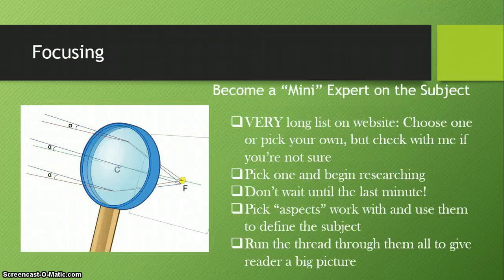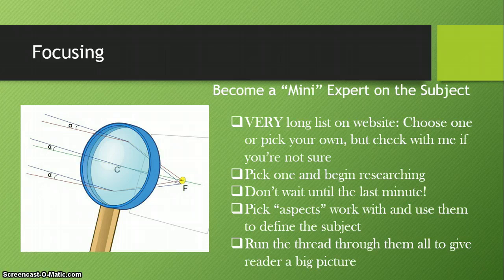Think of it in terms of, and I'll talk about this in class a little bit too, I'll describe it as a three-legged table, but here we have this picture of the magnifying lens. Consider each one of those lines, those A lines, an aspect, a different aspect of this subject. It's a part perhaps of the greater subject, which will help describe what it is.